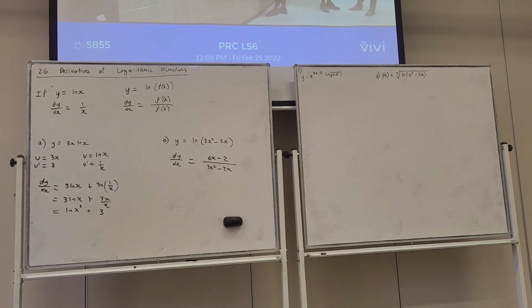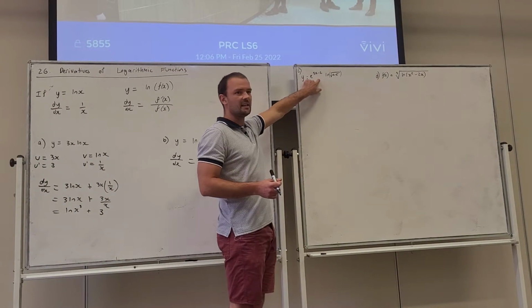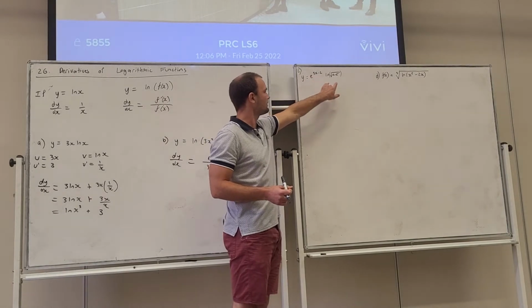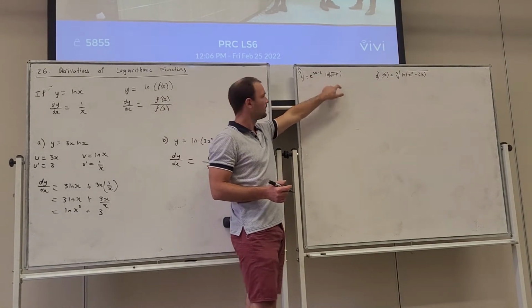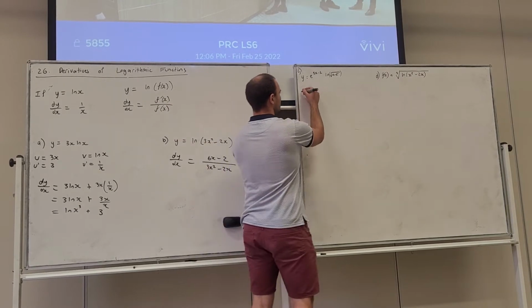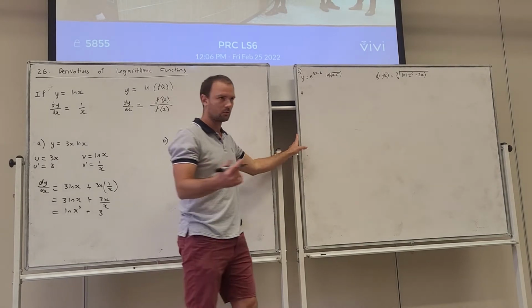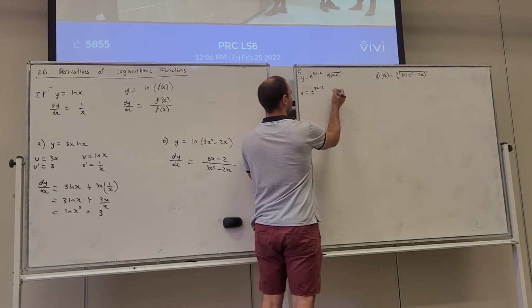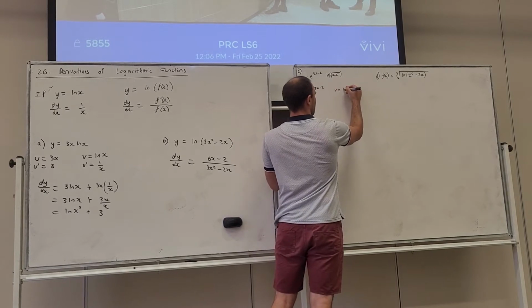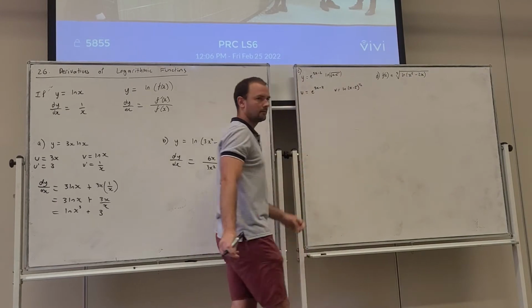Okay. We'll move on to C up here. We can see we have e to the 3x take 2 times ln of the square root of x take 5. So what we can do, we should recognise we've got times, so that means we use the product rule. So we've got u is e to the 3x take 2, and v is ln of x take 5 to the power of half.